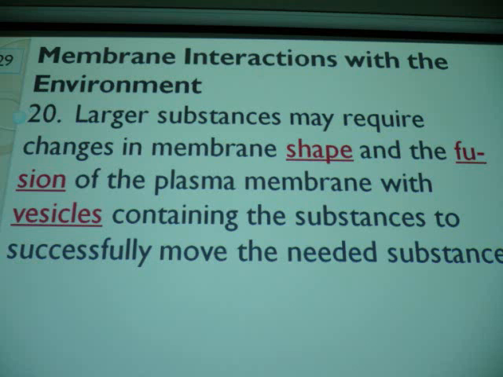And as I surround it, my membrane comes together, then this piece pinches off and comes inside me. It is still surrounded by my cell membrane. So actually, the membrane that surrounds these vesicles looks like the cell membrane because it is. And it's going to come on into the cell, and the cell is going to utilize it. It's going to go across the cell. On the other side, it's going to fuse to the membrane, and then spit out the trash. It's called pinocytosis. So I'm not really there yet. But the vesicle is formed.